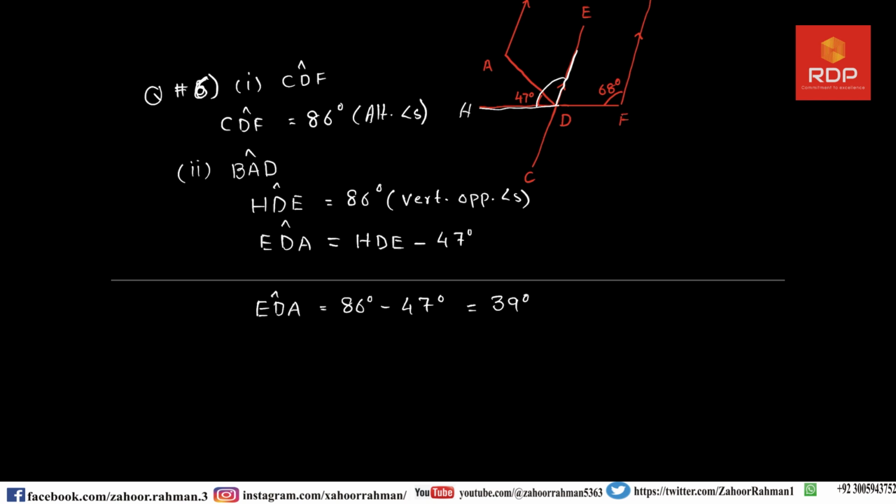Now we can see that BAD, which is our ultimate goal, because they want us to find BAD, and BAD plus EDA, which we found 39, EDA, this one.